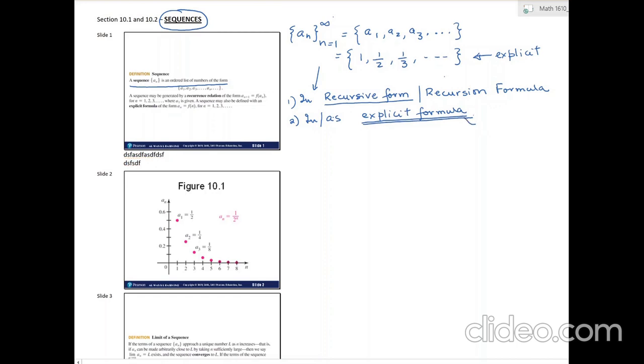In this course we are going to spend time only when things are written in explicit formula in this form. So for example, one could write the sequence that I just wrote, n from 1 to infinity, as 1 over n in this manner.